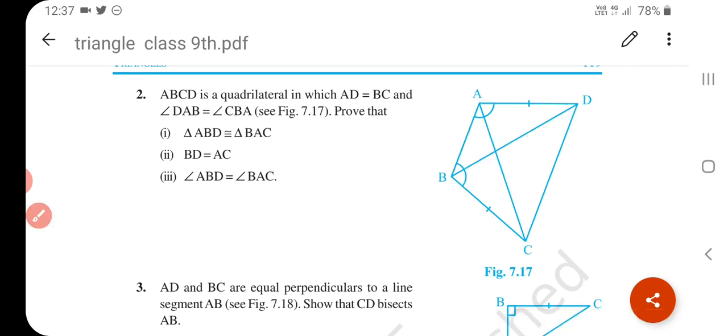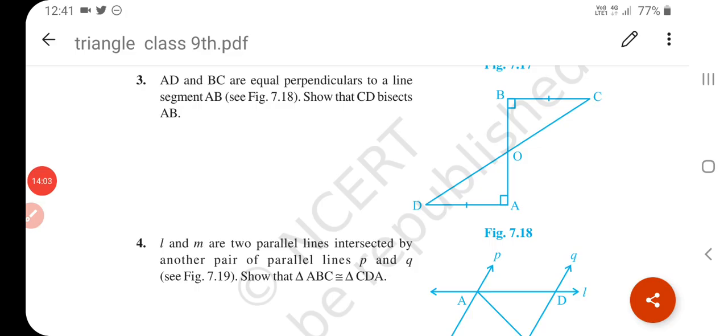Where is BD? BD is equal to AC. So yes, by CPCT BD is equal to AC. Now angle ABD is equal to angle BAC. Yes, because of CPCT, if these two triangles are congruent to each other, then all the parts of the triangles are congruent to each other. Understand?